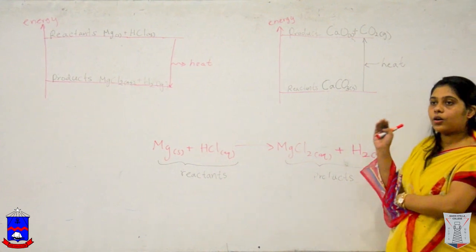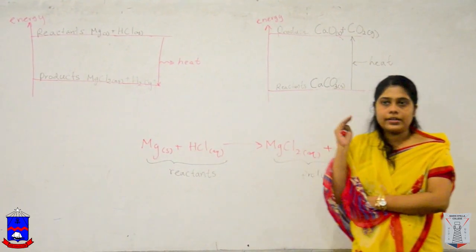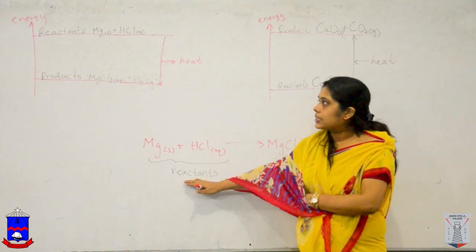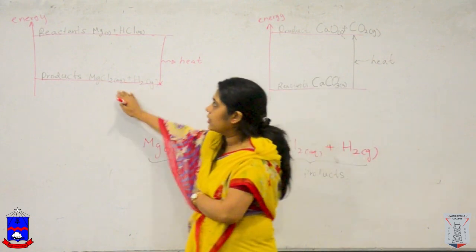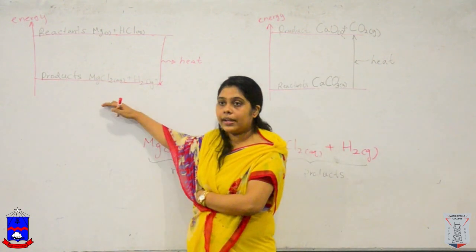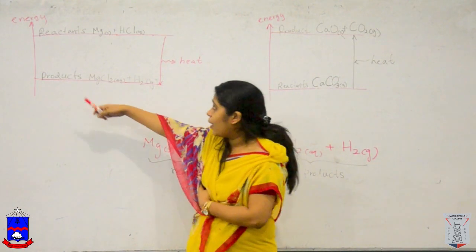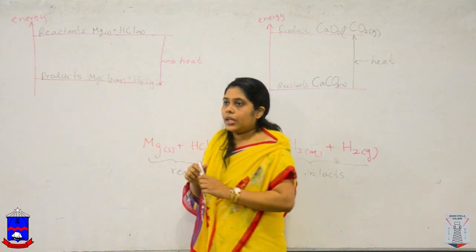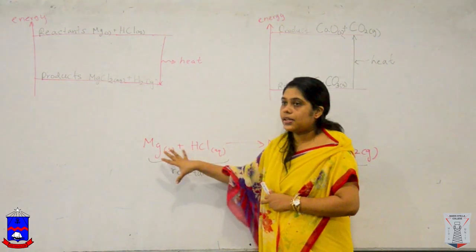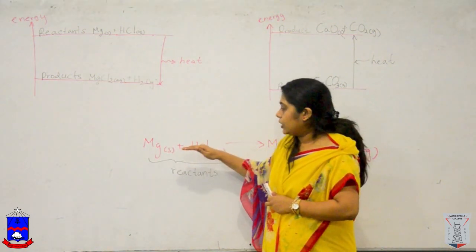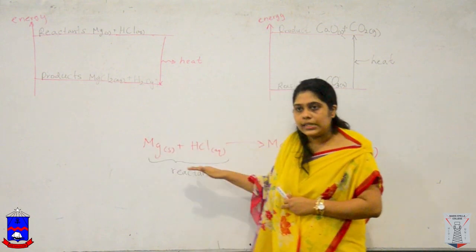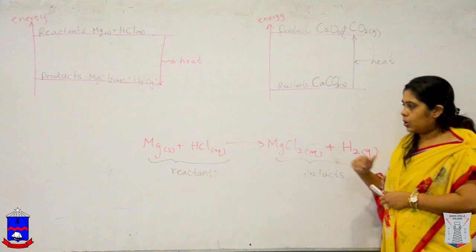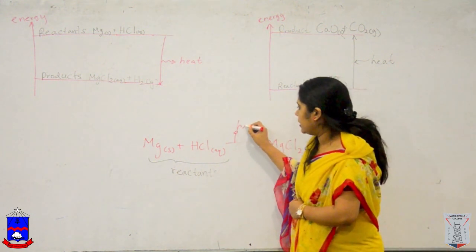When you are going to draw an enthalpy diagram or energy level diagram, you should know these terms. First, we have this graph. This is called an enthalpy or energy level diagram. There you have to label this axis as energy. Now think about magnesium and HCl, the reactants. During this reaction, magnesium and HCl convert into magnesium chloride and hydrogen, and heat is released.